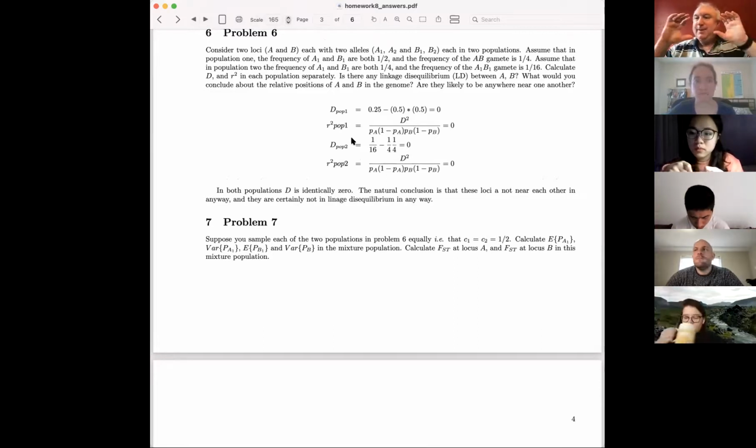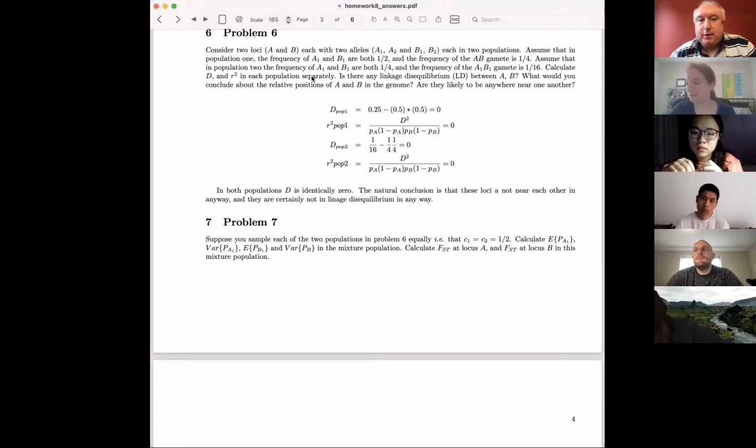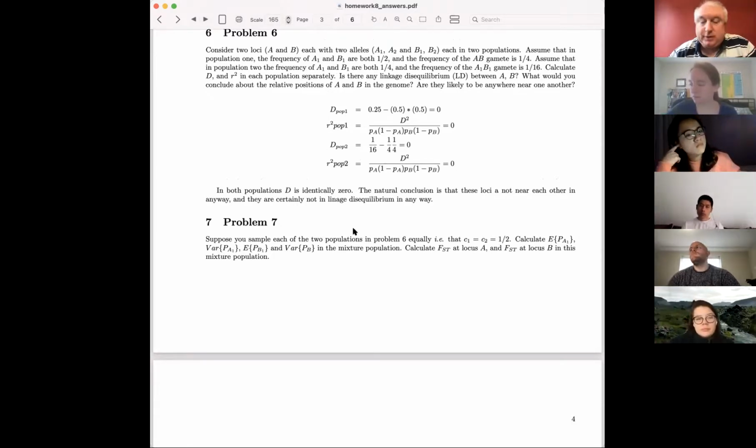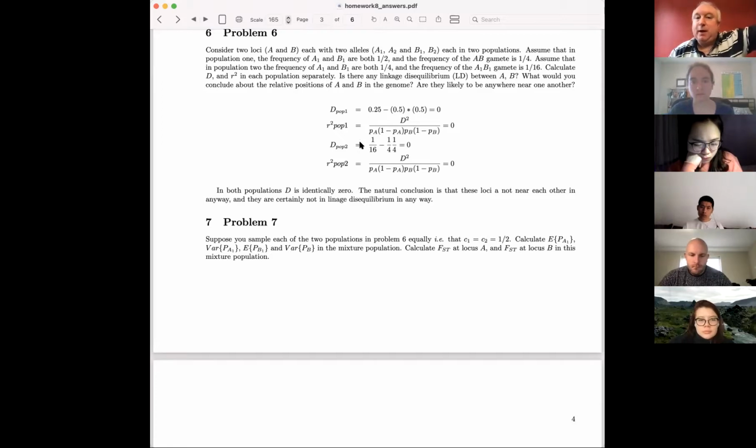Okay? We have done that because what we're going to do for the rest of the homework, I think, is talk about a mixture of these 2 populations, where I create a new population. I don't think I ever name it, but let's call it population 3, where half the alleles come from population 1 and half the alleles come from population 2.